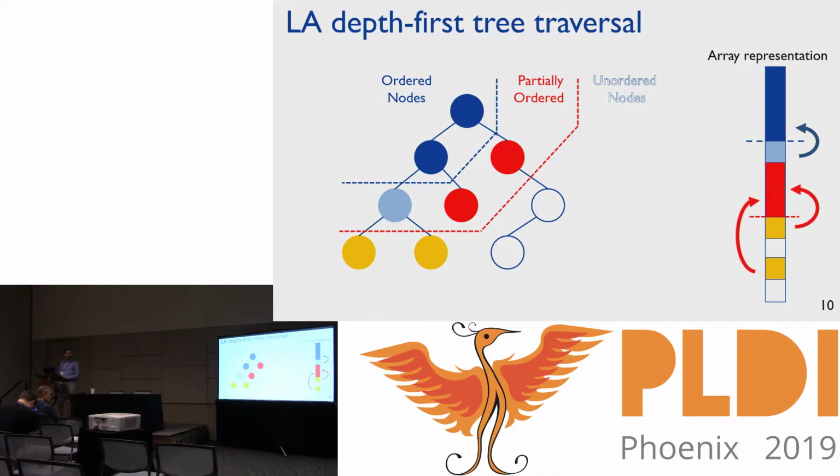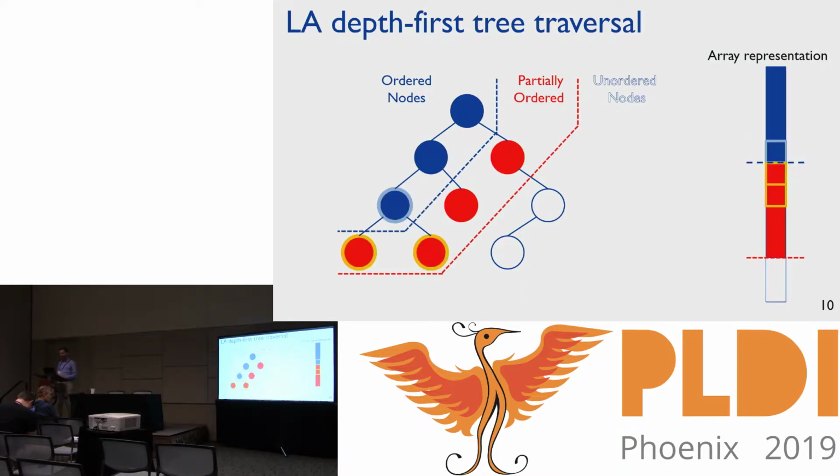And the next is that the unordered nodes that we have found attached to this node have to go into the red region, the partially ordered region, and in a very particular order, which is the one that would reflect the use of a stack in classical implementation. So essentially we want to permute these nodes within the array so that the next node that we pick is the one that we would like, for example, the one on the left in this case.